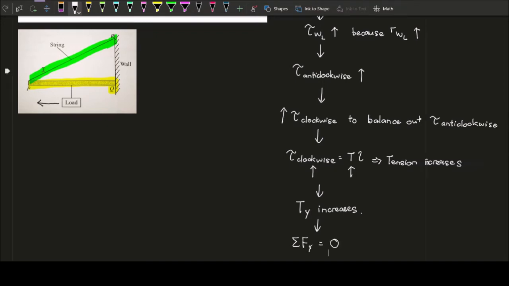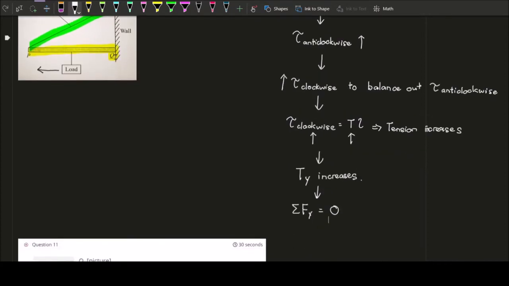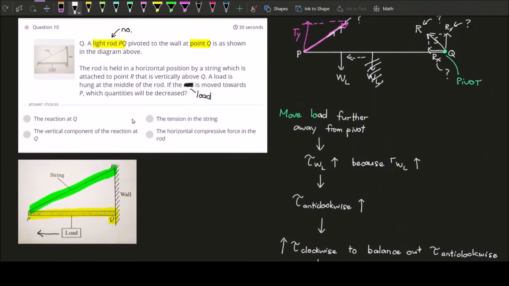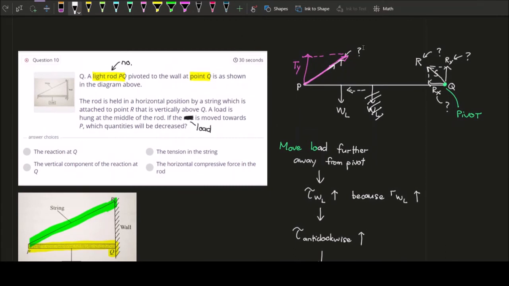Okay, because it's in equilibrium, sum of Fx must be equal to 0, sum of Fy must be equal to 0, sum of torque must be equal to 0 also. So in that case, let's look at the free body diagram. What is pointing upwards? Ty is pointing upwards, Ry is pointing upwards, Wl is pointing downwards.